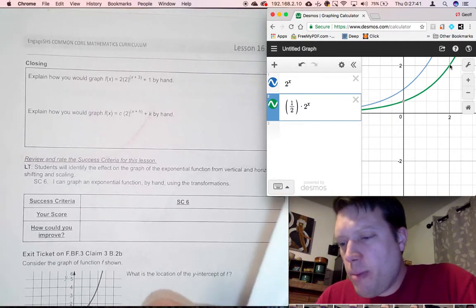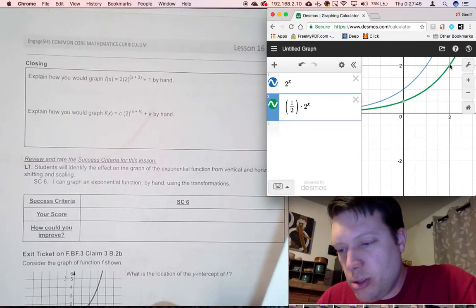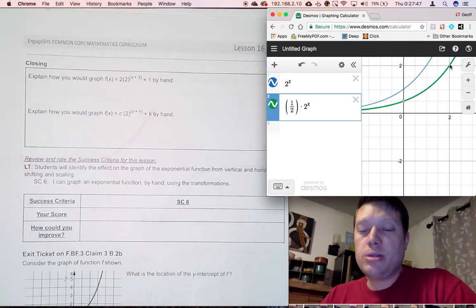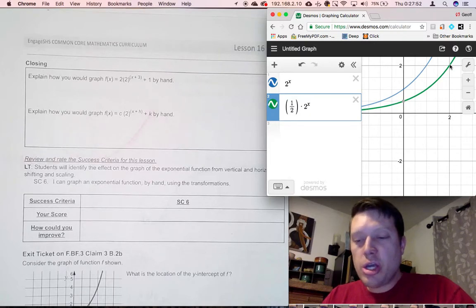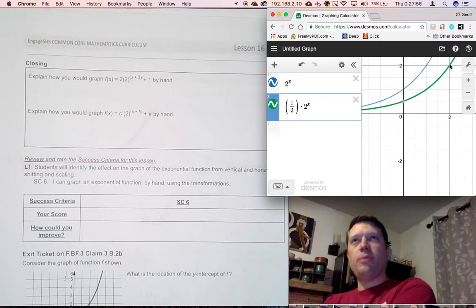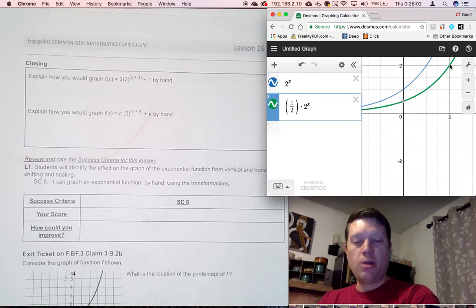So from 2 to the x, we would have a vertical shift. The first thing we should do is the horizontal shift. Then we should double every value. So everything gets shifted over by 3. And then wherever those y values are, we double them. And then from there, we add 1.